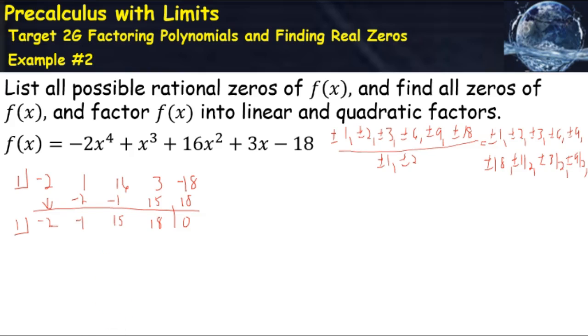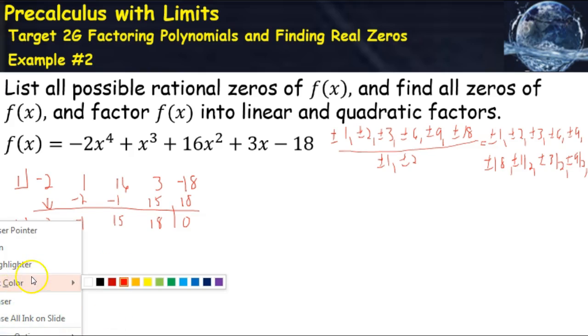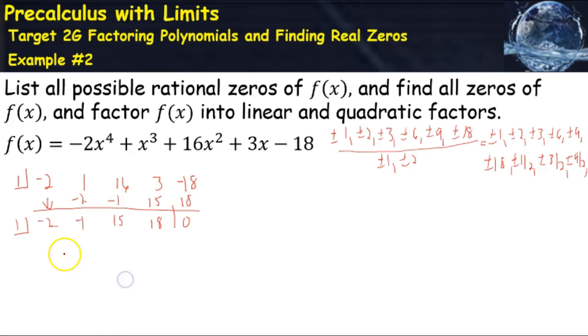And then instead of trying 1, I'm going to try something other than 1. So I could try negative 1.